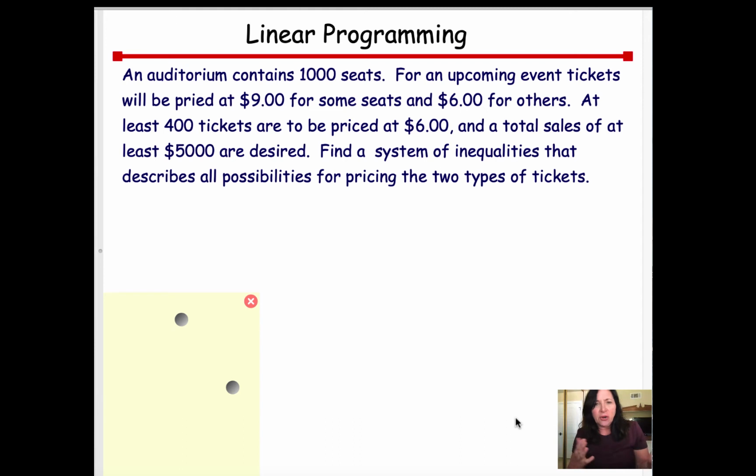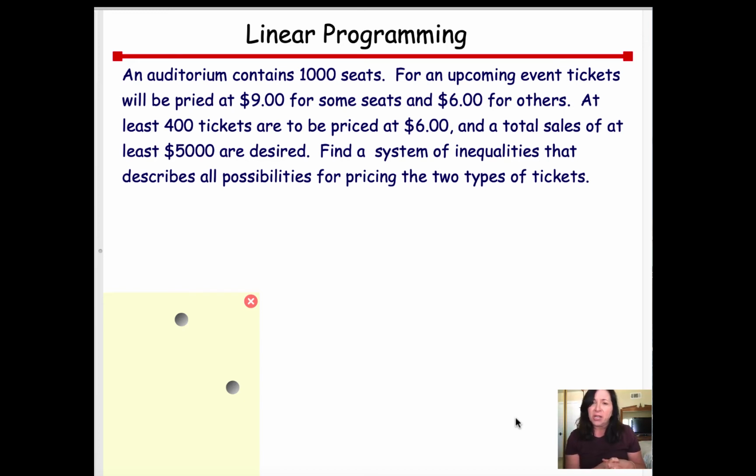This one right here, linear programming: an auditorium contains 1,000 seats. So for an upcoming event, tickets will be priced at $9 for some seats and $6 for others. At least 400 tickets are to be priced at $6, and a total sales of at least $5,000 is desired.